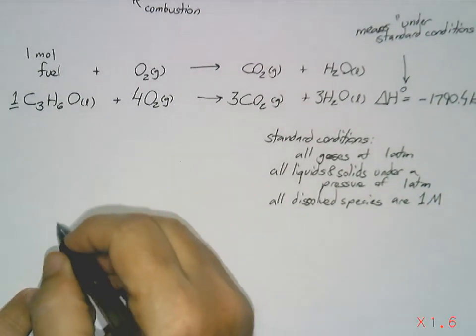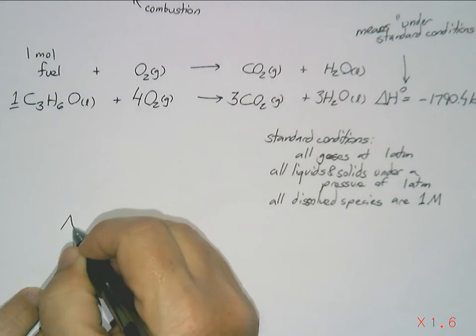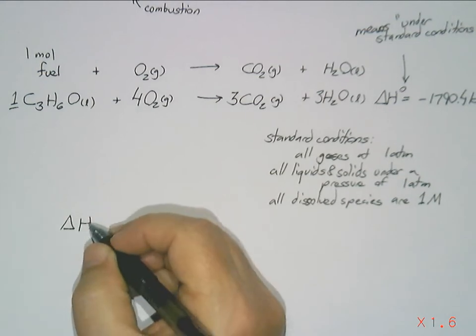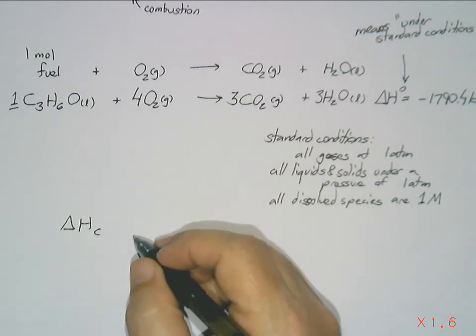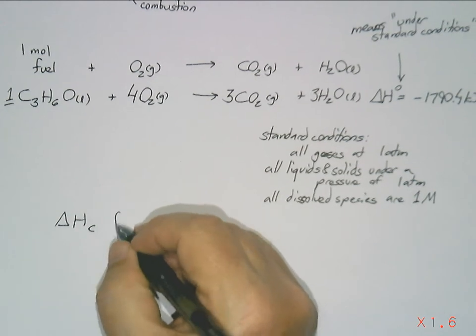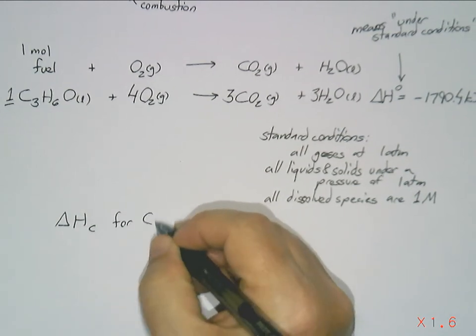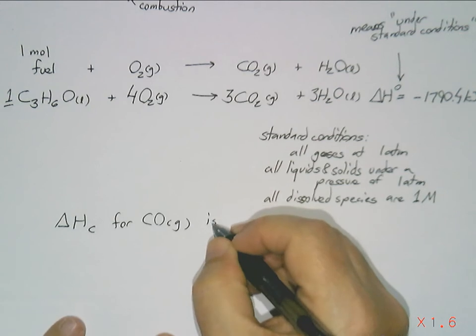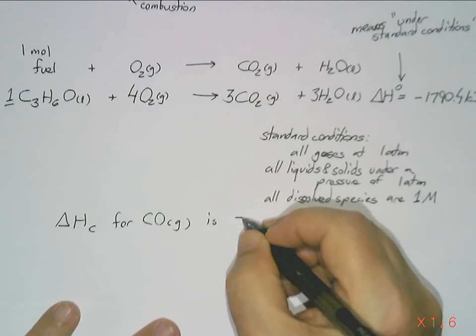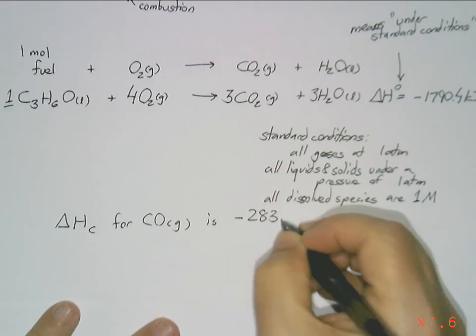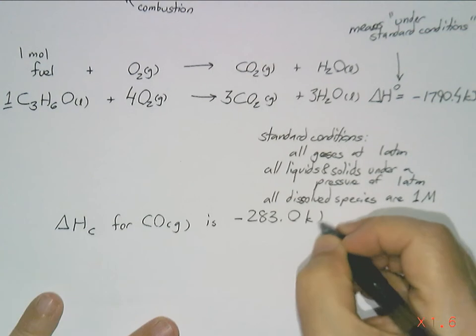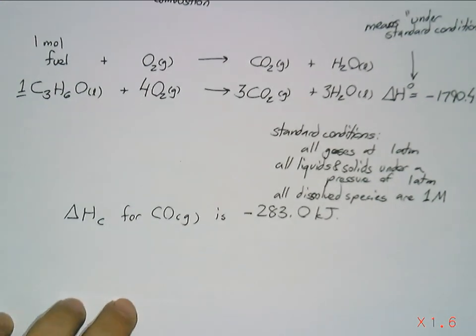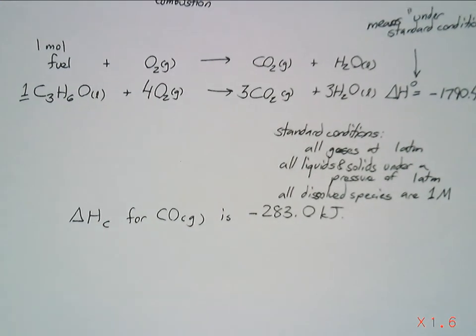All right, let's do one more quick one. Suppose I have delta HC for carbon monoxide gas is minus 283.0 kilojoules. And now I want you to write a combustion equation out for that.